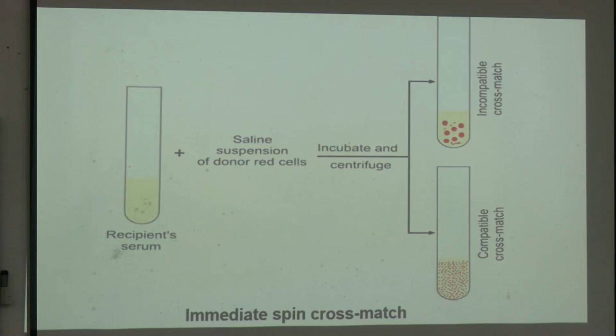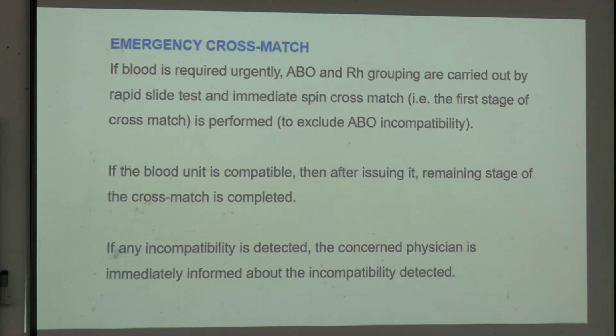So this is a schematic diagram of the spin cross match, the recipient's serum and the saline suspension of donor RBC incubated and centrifuged. So this is compatible, and here there has been agglutination. This is incompatible cross match, and if it is incompatible, we will not transfuse the blood to the patient.